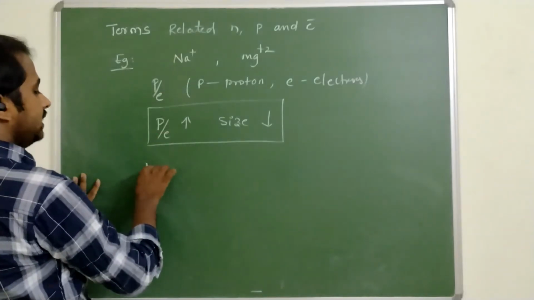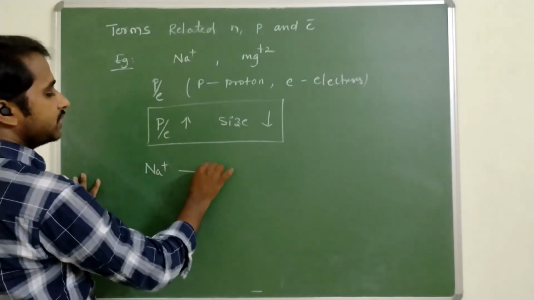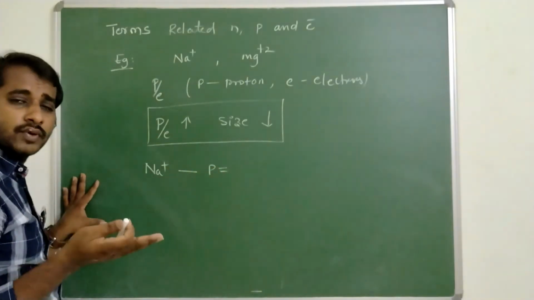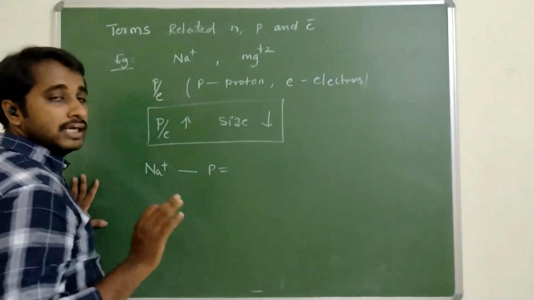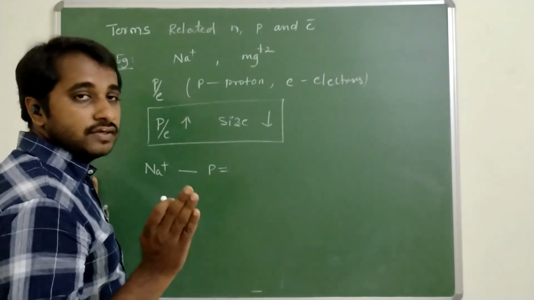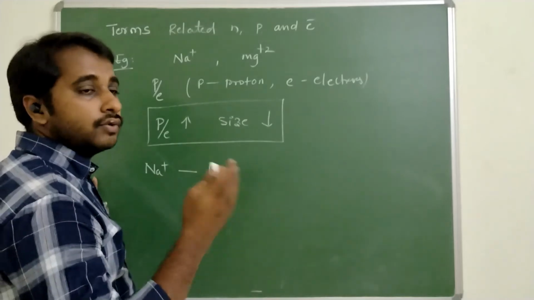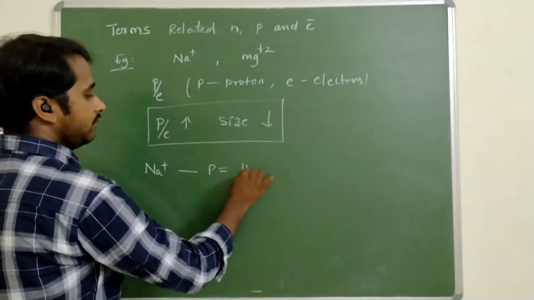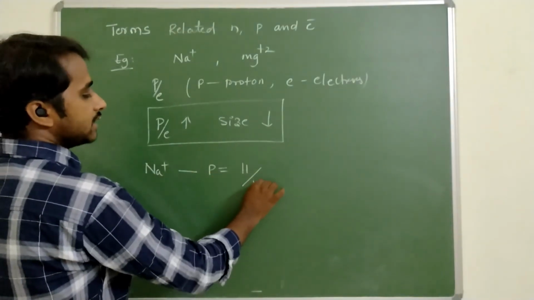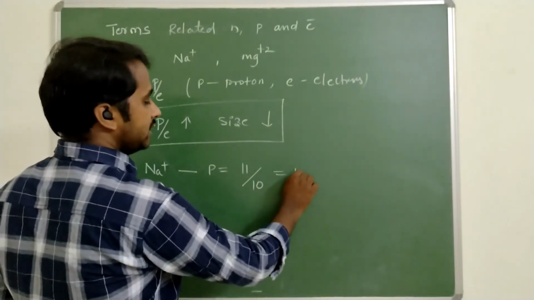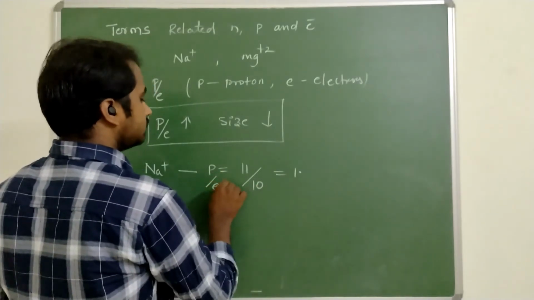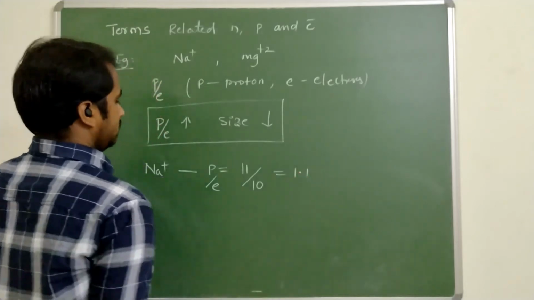So first of all, Na+. What is the P value? P is nothing but protons, and protons is nothing but the atomic number. The atomic number does not change even when an atom is converted into ions. So the number of protons is 11, the number of electrons is 10, so the P by E ratio is 1.1.